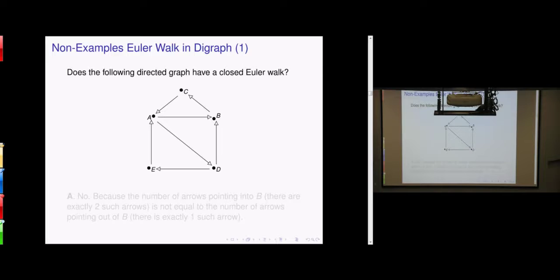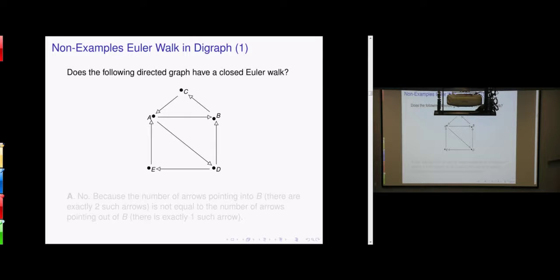Okay, so let's look at some examples. Does the following directed graph have a closed Euler walk? It's this graph with vertices A, B, C, D, E. So we have to check whether it satisfies the condition or not. Euler's theorem tells us if it has a closed Euler walk, the in degree must equal the out degree for every vertex.